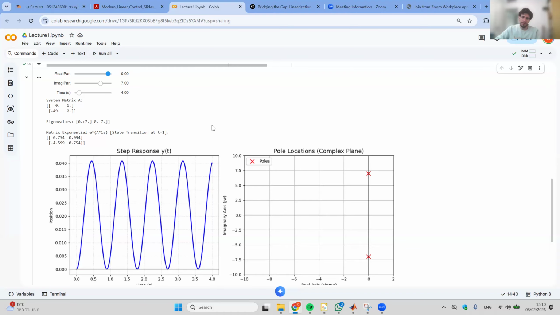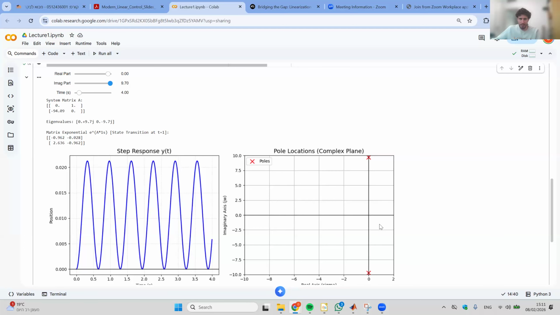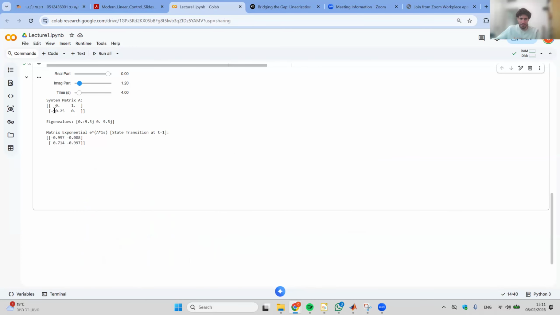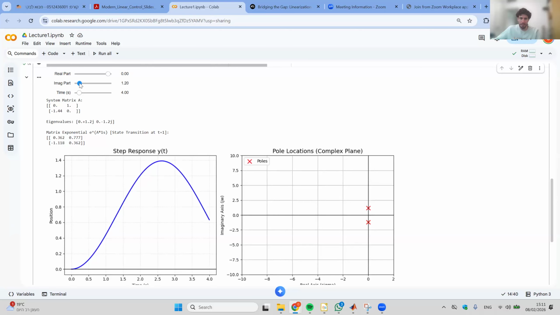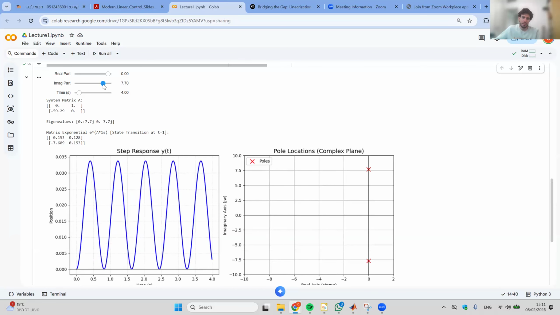Now, the frequency of the oscillations is given by the imaginary part. The larger the imaginary part, the further away it is from the real axis. Oh, very small, it's very close to the real axis. Basically, the omega, the imaginary part, is the frequency itself. As long as we have this imaginary part, the response will be a little bit oscillatory.